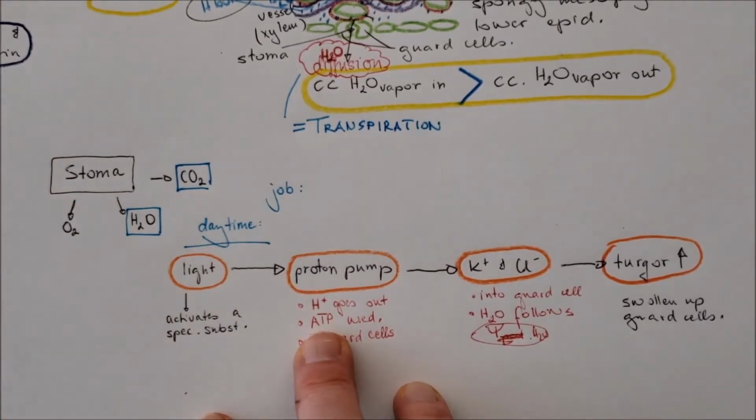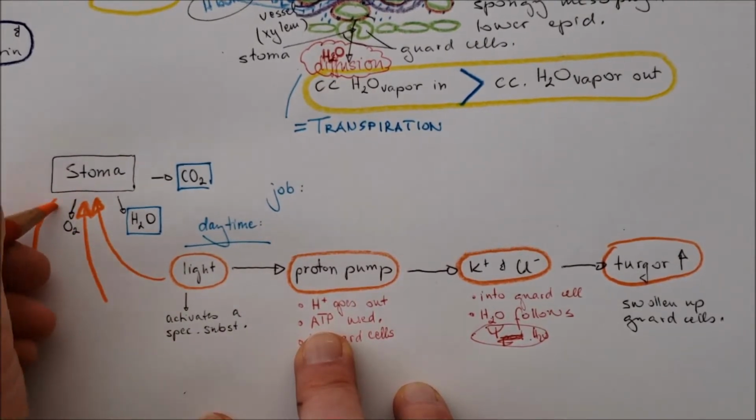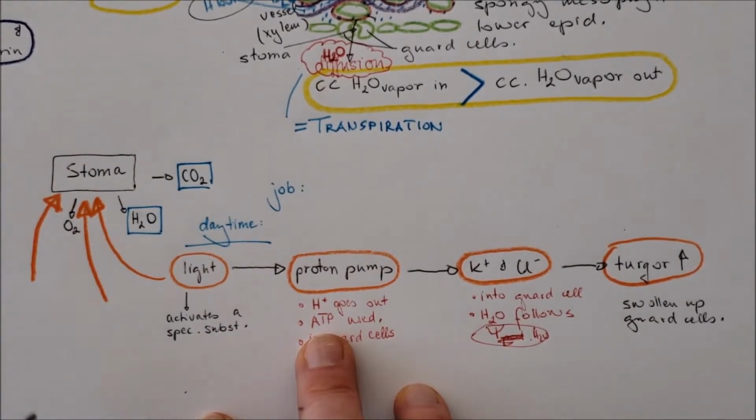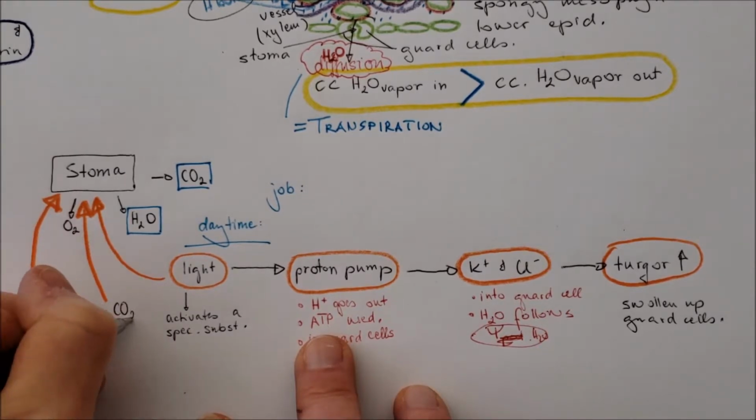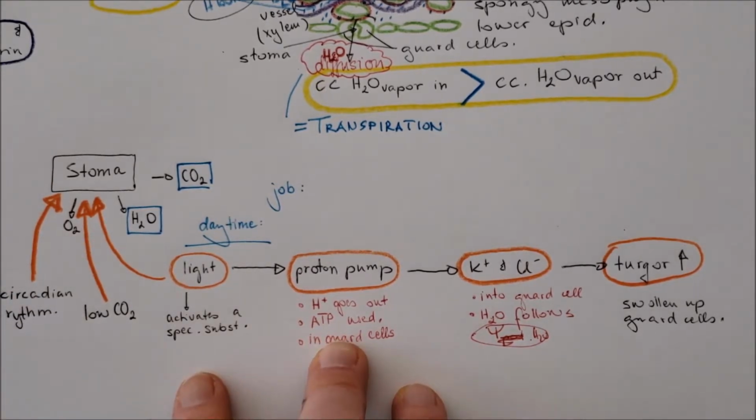So what else affects the stoma opening? The light, as we said, but low carbon dioxide content inside of the spongy mesophyll will also open the stoma. And the circadian rhythm also influences the opening or closing of the stoma.